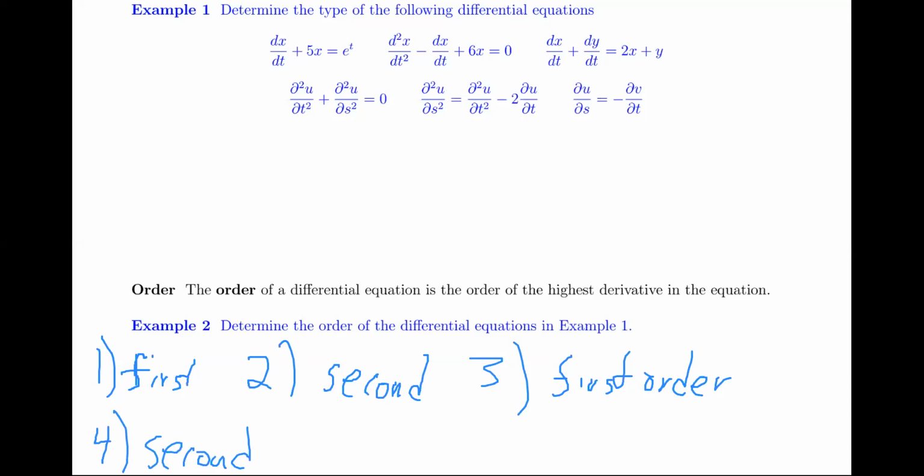For number 5, again, we have second order partial. And number 6, we have a first order partial. All right, and so that is all of the examples for the order of those particular differential equations.